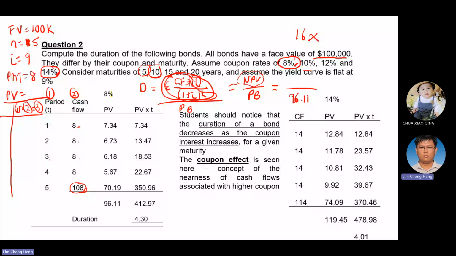Year 4 times 8,000, you get 32,000. And year 5, you times 108, you get 540,000. Are you okay until here?